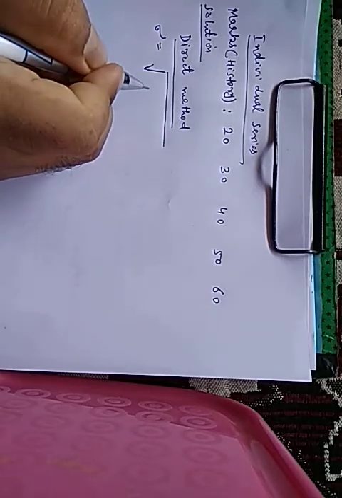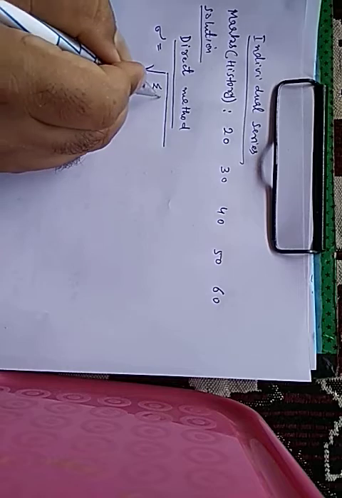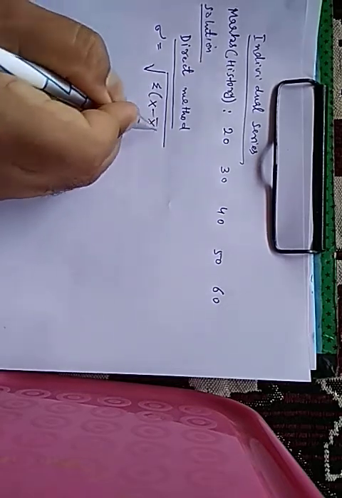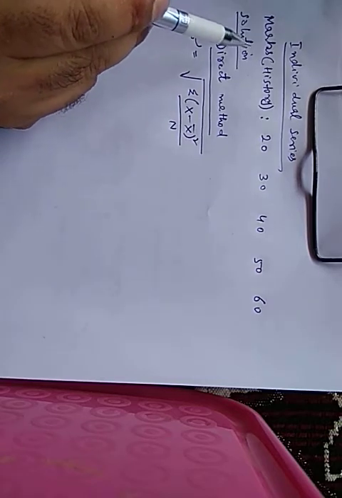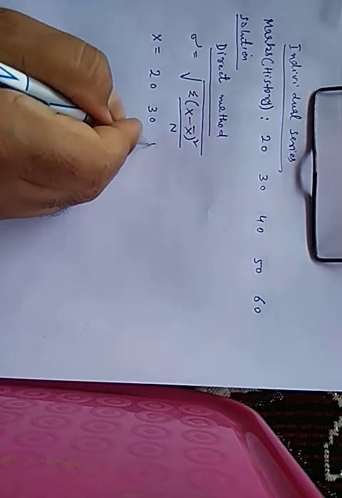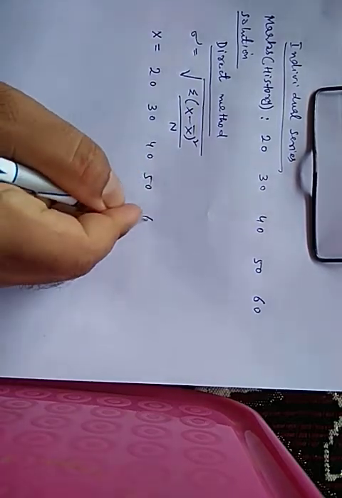Standard deviation is equal to under root of sigma x minus x bar whole square divided by n. Now the variable given is Marcus in history, and this can be denoted by x. X is given as 20, 30, 40, 50 and 60.